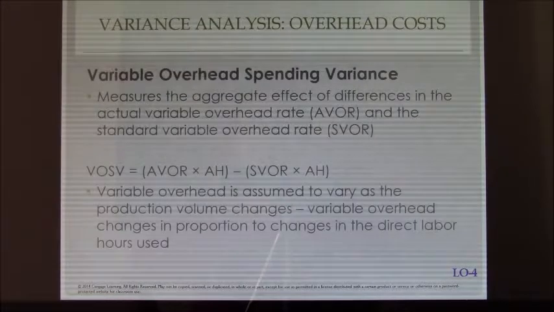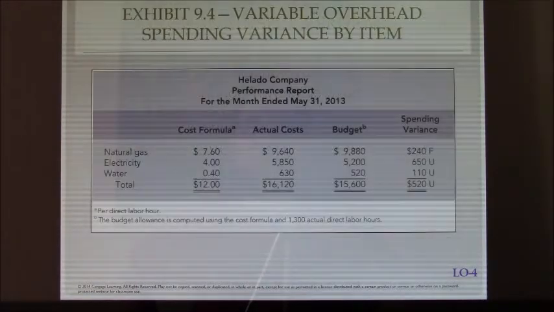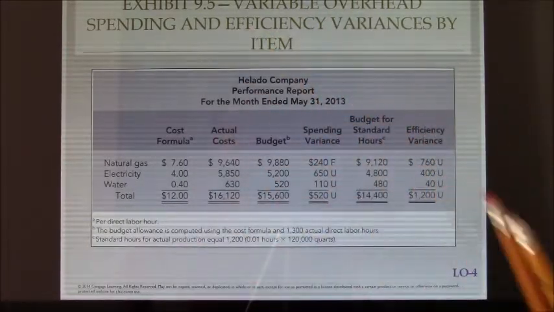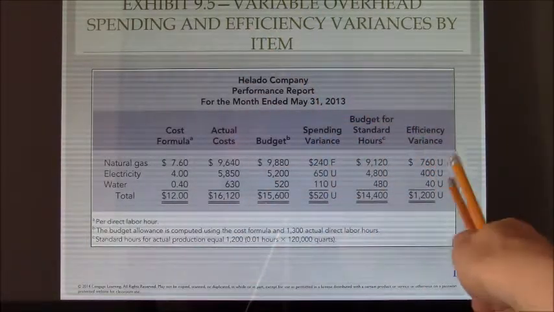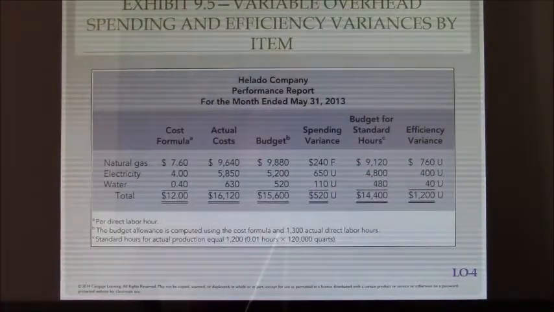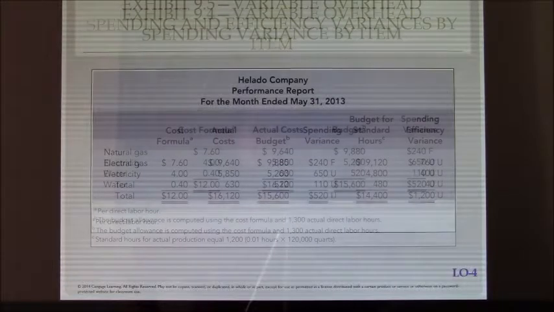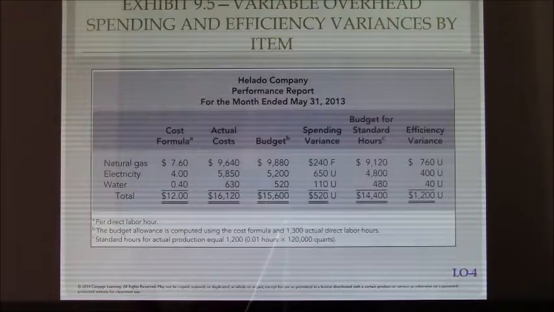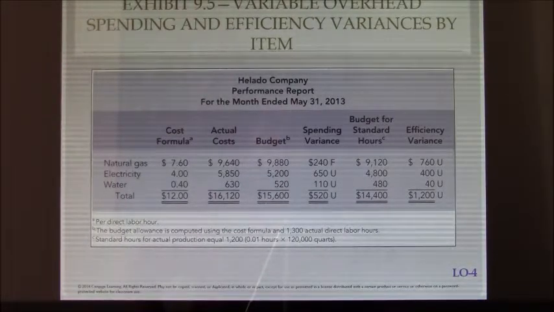Just these formulas are fine, but you can write it out in terms of columns, subtracting from each other, and it ends up being efficiency and spending, and you can split them out. All we've done is take that spending variance, that budget, and split it out to show us the efficiency also.